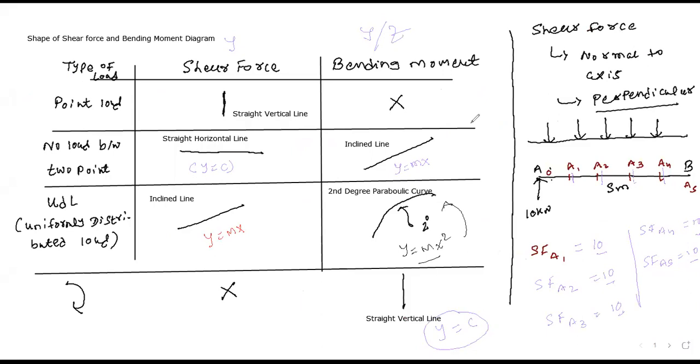Now shift to our table. If there is a point load, what is the shape of the shear force diagram? It is in the table in front of you; type in the chat box so it is easy to remember. Clear? A straight vertical line.